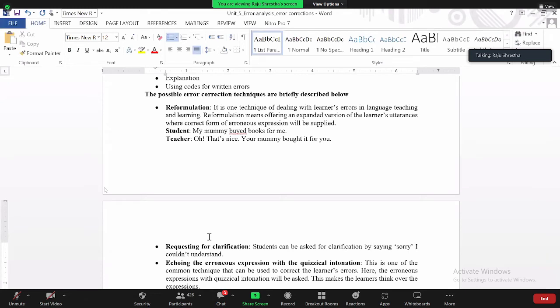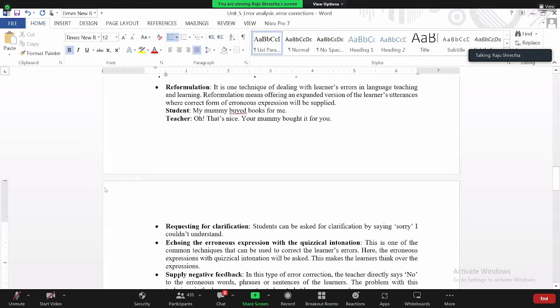Could you repeat it again?" Then students think and review the expression. Equating the erroneous expression with quizzical intonation is one of the common techniques that can be used to correct learners' errors. Here, the erroneous expression will be asked with quizzical intonation. This makes the learners think over the expression. "Oh, he has?"